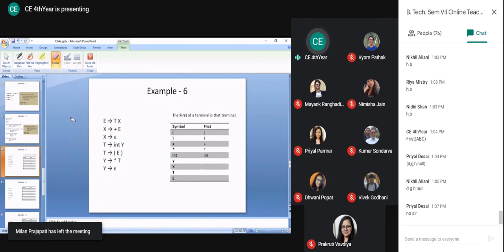So now can you tell what will be in the first of Y? Yes, any query?